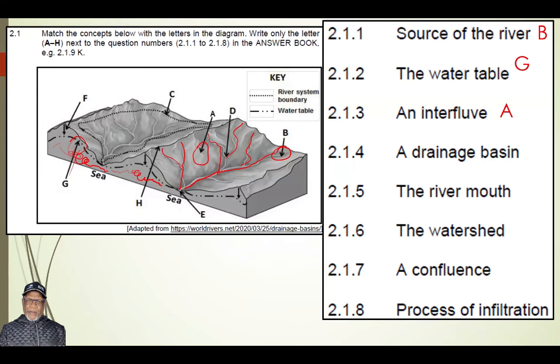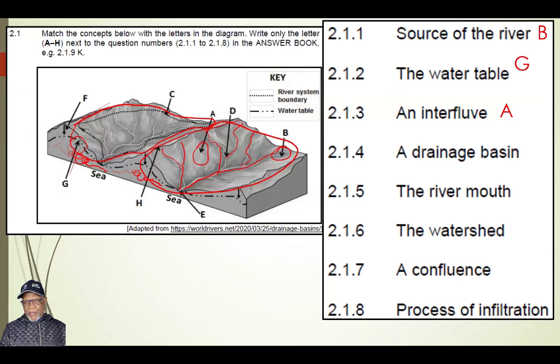Then, what do we have here? We have this drainage basin on this side, and we have another drainage basin on this side, which is indicated by these dotted lines. So this is a drainage basin and another drainage basin.